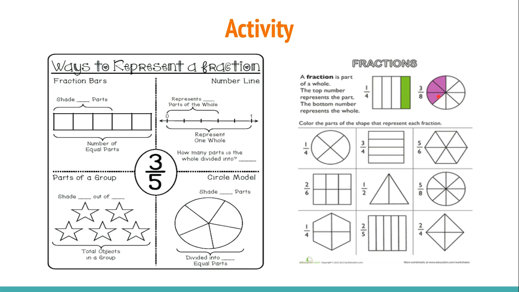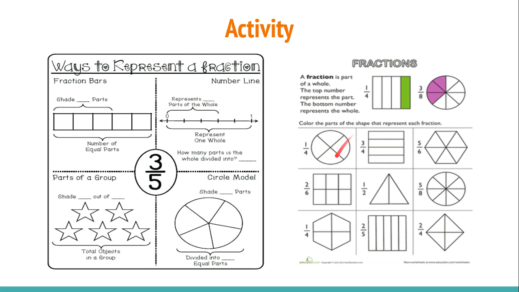And they did it again here with the circle model. They want 3/8. Eighths. So you have 8 pieces, and they shaded in 3, so that equals 3/8. Now we're going to color the parts of the shapes that represent each fraction. So we have 1/4 again.